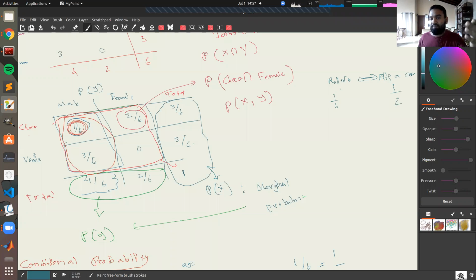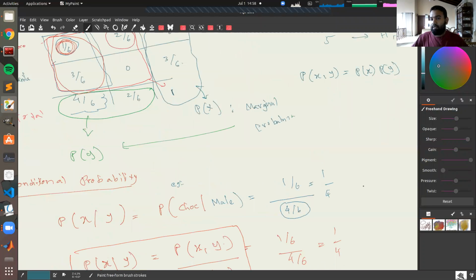So just because I roll a dice and I get 5, that doesn't affect if I'll get a head or tails. So these two events are independent. So if I take independent events, the joint probability of those independent events can be found using this formula, Px into Py.